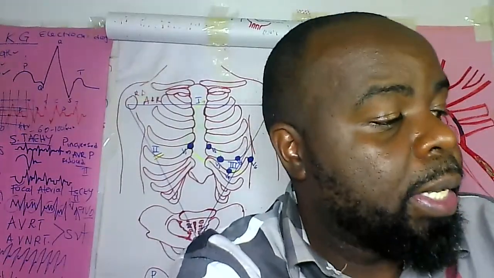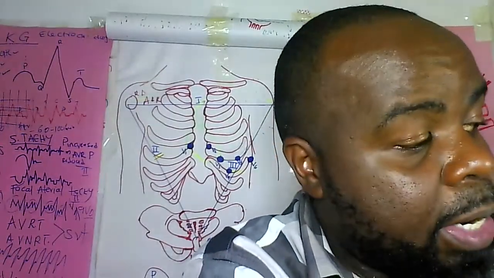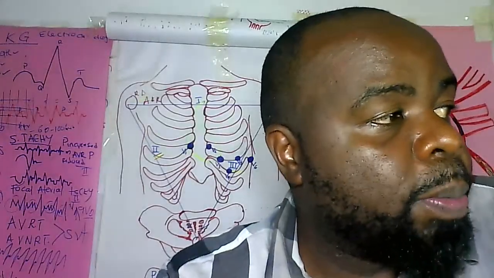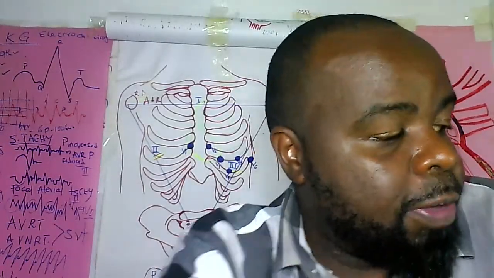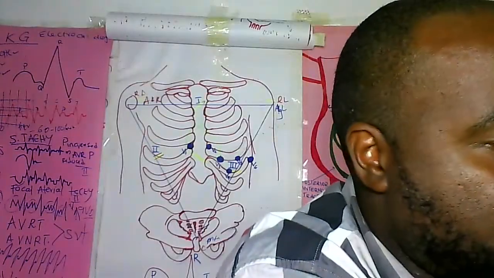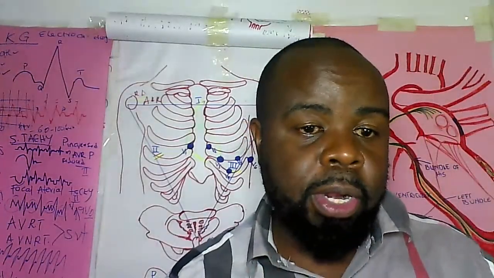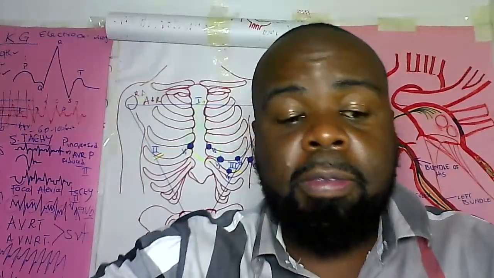The QRS complex is the most important thing when it comes to diagnosis using your EKG. The P wave is also very important. How do you know the rhythm and the rate?